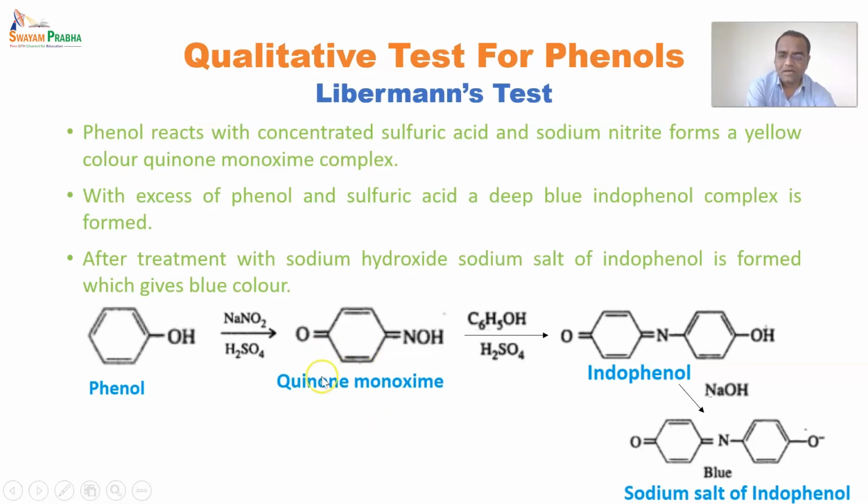So firstly it will give a yellow color, and at the last, when it is treated with sulfuric acid and excess NaOH, it gives the salt form of indophenol, which is blue in color. There are two observations in this test, and this blue colored complex gives such a color.